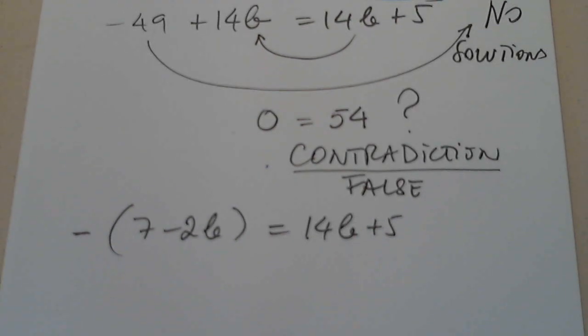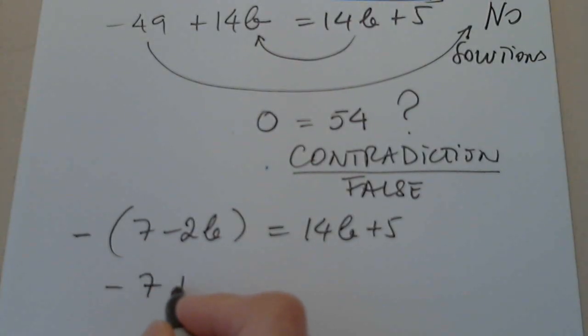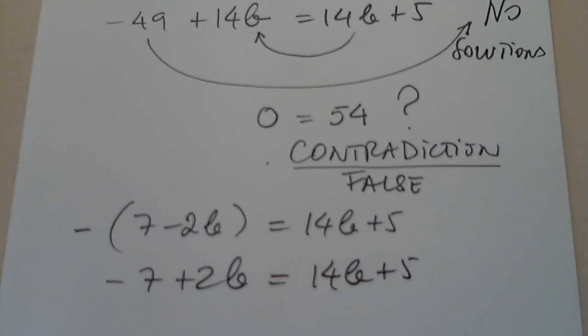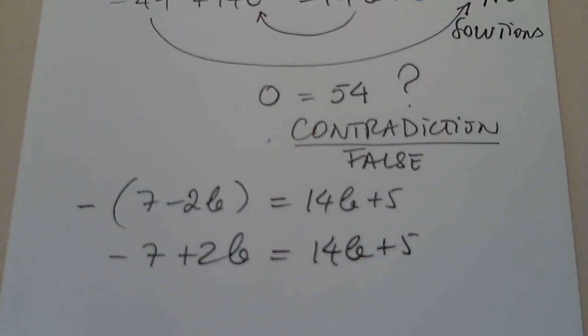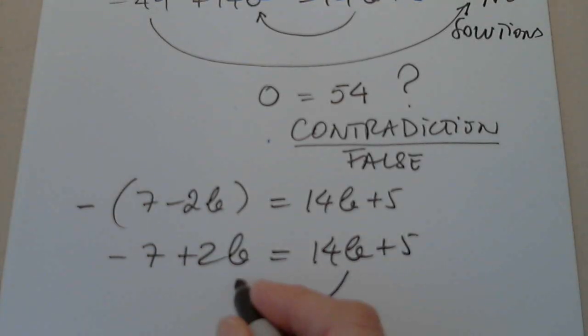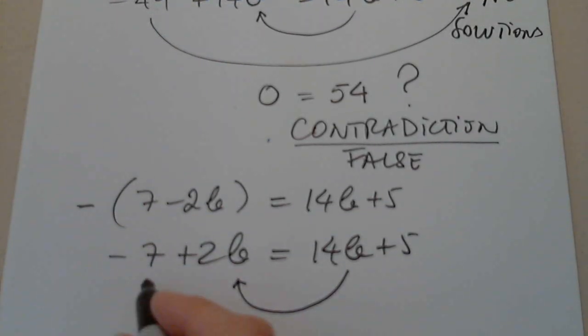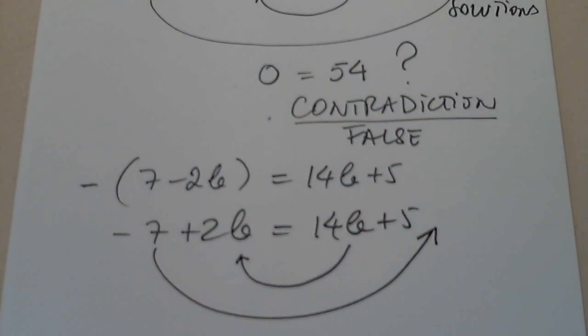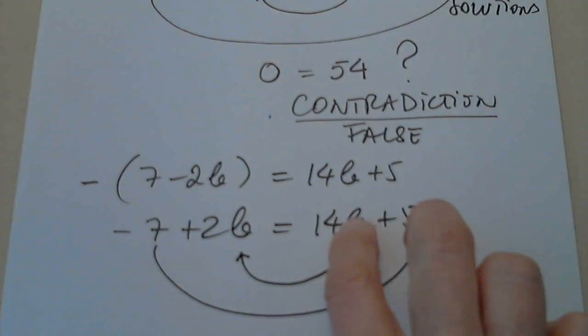In this case, we distribute, so we get -7 plus 2b equals 14b plus 5. We have to separate the variable from the no variable terms, the free terms. I have a 2b, this is positive.